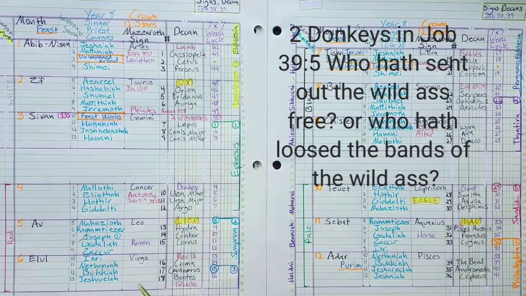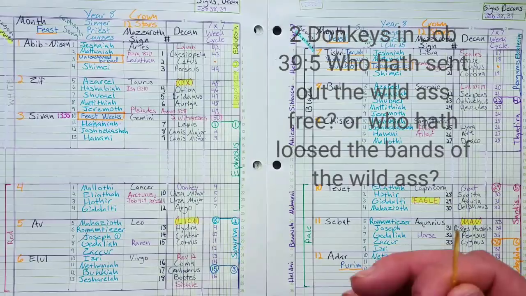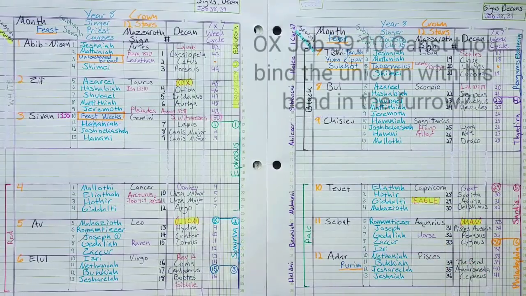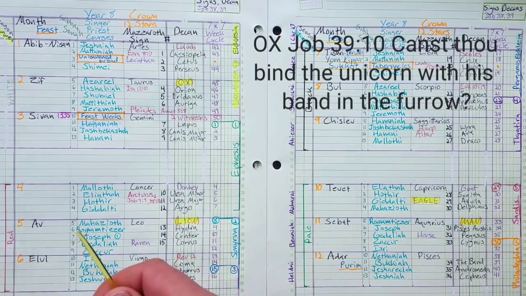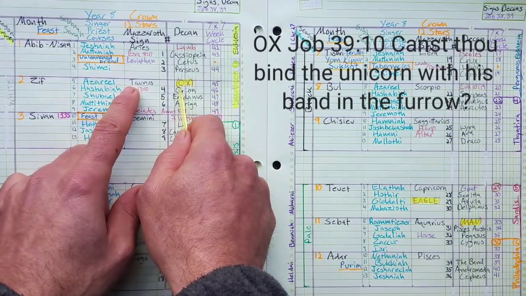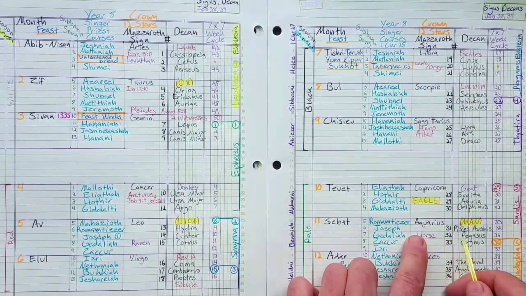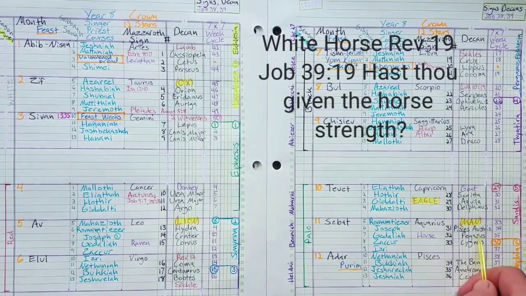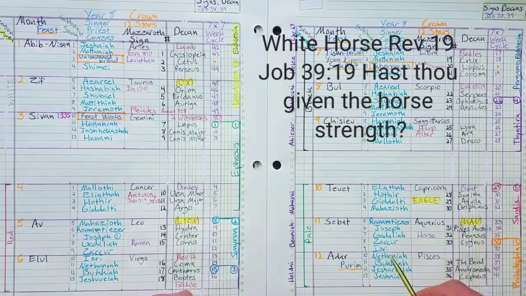Then we have, it says unicorn, but that's obviously a mythological creature, but in the King James, it's actually an ox, a bullock. He talks about the bullock, and then he talks about the horse. The horse is Pegasus. He talks about the hawk.